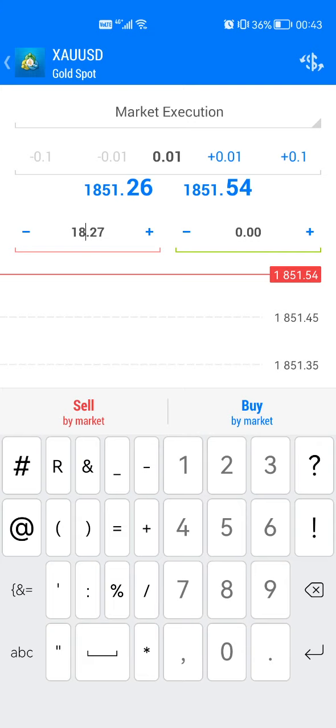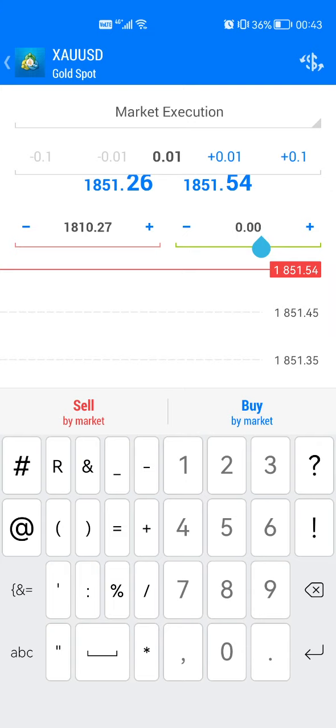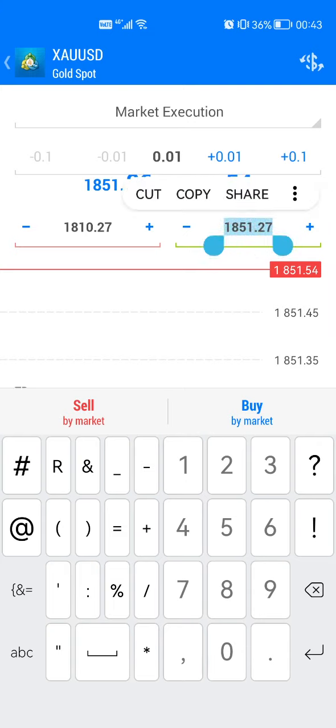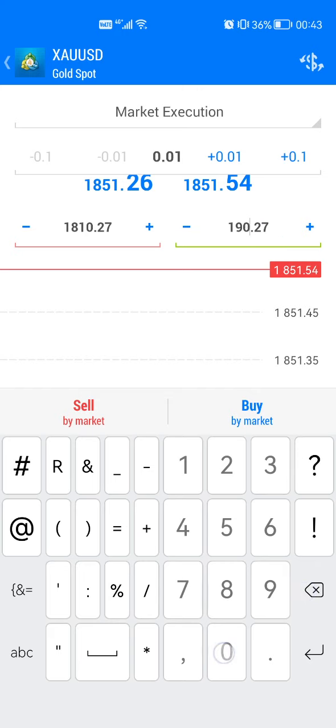So we decrease it to 1810. And then this side is your TP. On your TP, you have to increase. This is your current price. On your TP, you have to increase. So you can place 900, which becomes 1900.